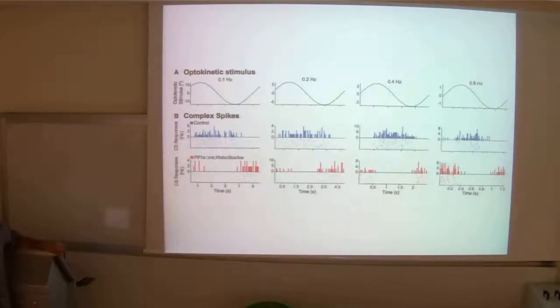Plasticity, right? If the complex spikes are inducing plasticity, they will change the synapses coming from the climbing fiber, and then we should see correlation with the activity of the complex spike rather than of the simple spike.